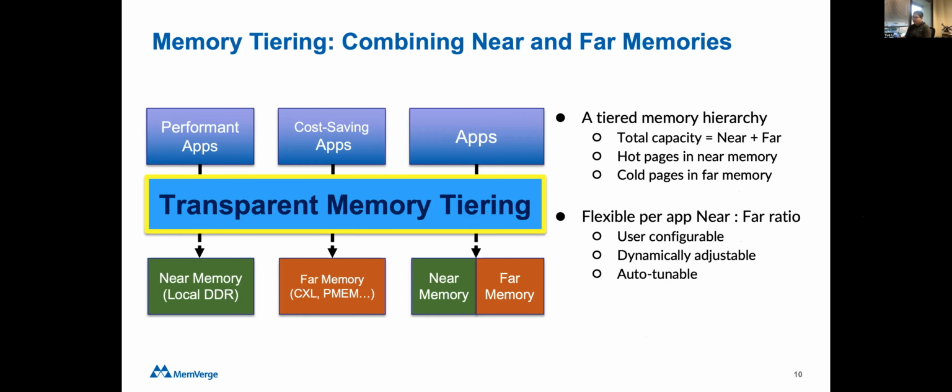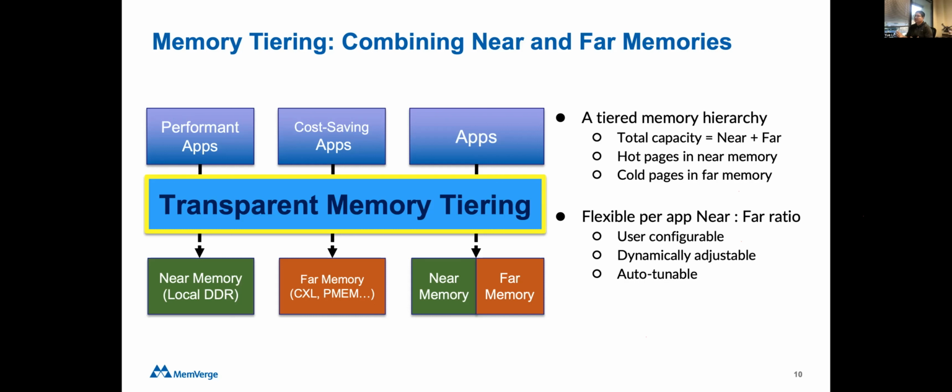We provide lots of software features, and it's highly configurable for different processes or applications. Per process or per application, you can configure the near-far memory ratio. For example, if you have an application where you really want to save cost and don't care about performance, you might give a very low near-far memory ratio, putting most of the memory into the far memory.